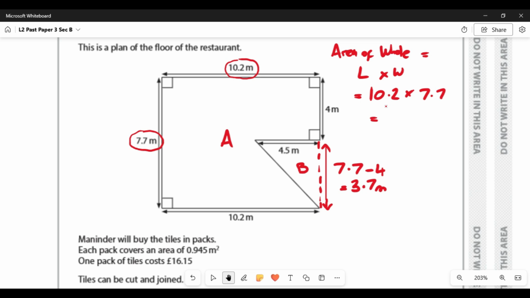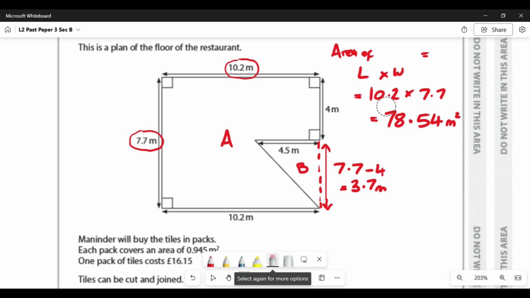What does that give me? 10.2 times 7.7. That gives me 78.54 meters squared. Remember, it's to do with area. Okay, so that was for A, obviously. That was area A. In fact, let me change that to that's better, isn't it? And then area B, I'm going to write that here.